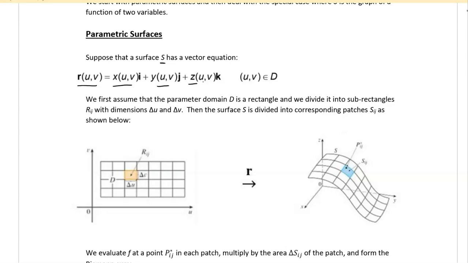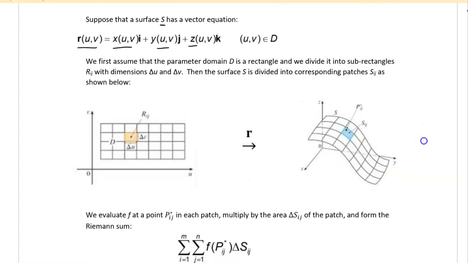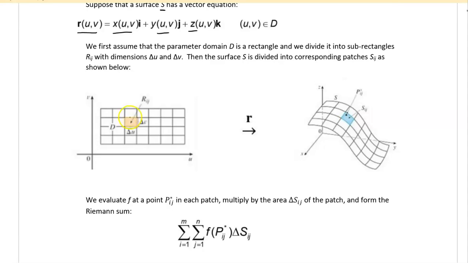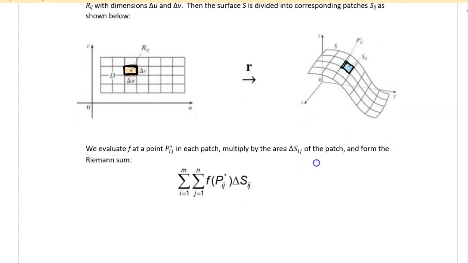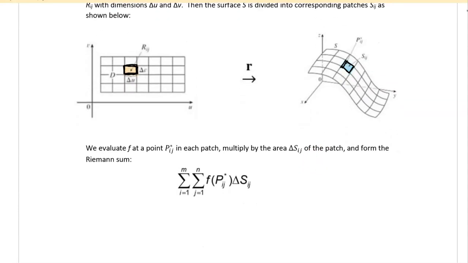Just like we were talking about with surface area, we imagine our uv space in the domain corresponding to a patch on a surface. If we get the areas of these patches, we can form this Riemann sum down here.